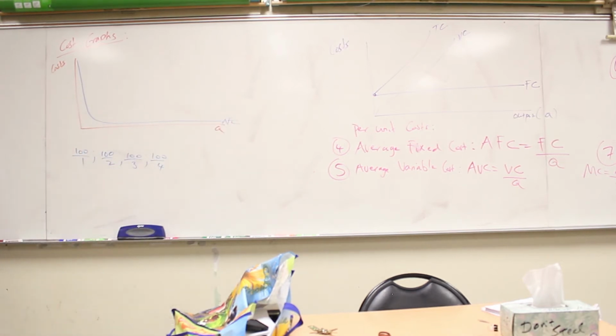It goes on into infinity, getting closer and closer to the quantity axis, but it never really becomes 0. Anytime I do this, that's the only cost curve that looks that way. You should immediately process, oh, that's the average fixed cost. I don't have to label them. You should be able to identify your cost curve.